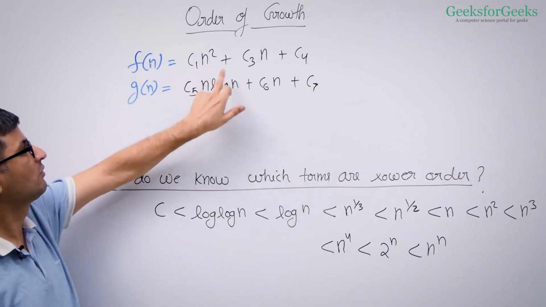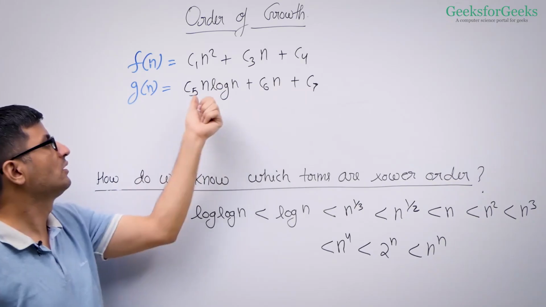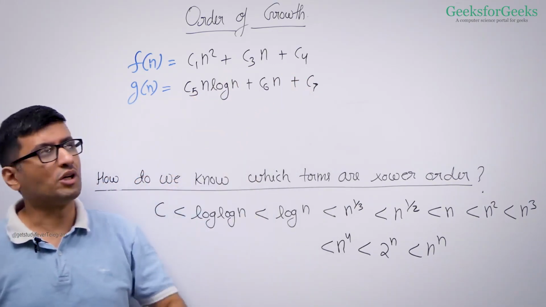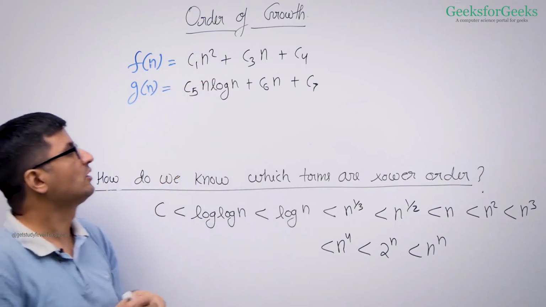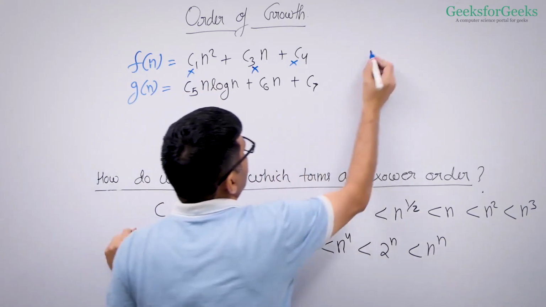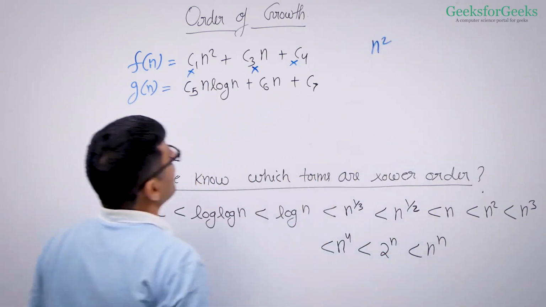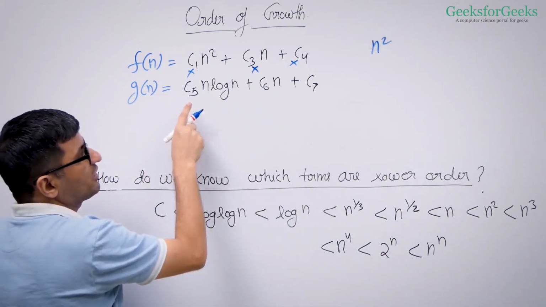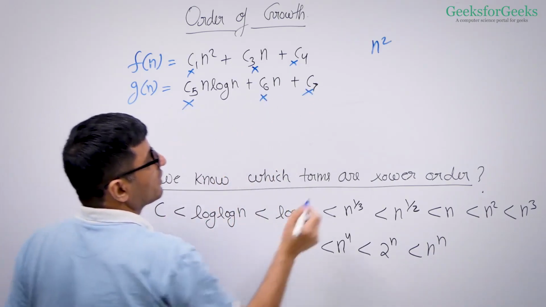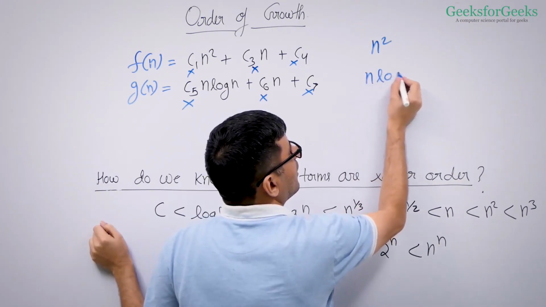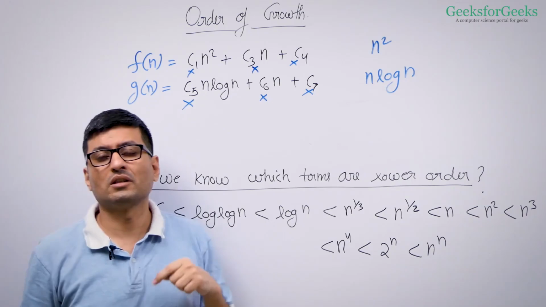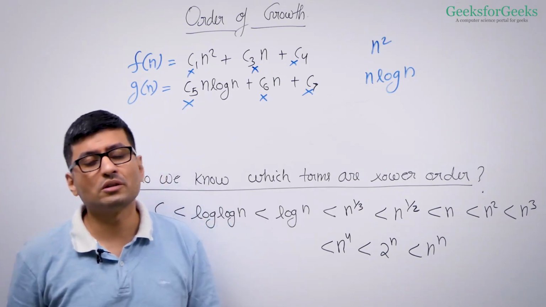Let us do one more exercise. c1n square plus c3 plus c4, and c5n log n plus c6 plus c7. What is the order of growth of this function? We ignore the lower order terms, ignore the leading constant, we get n square. What is the order of growth of this function? Ignore the lower order terms, ignore the leading constant, n log n. Now, which one has less order of growth?